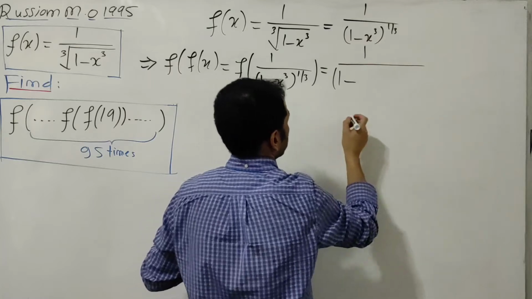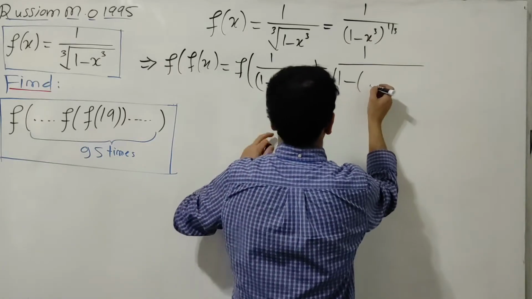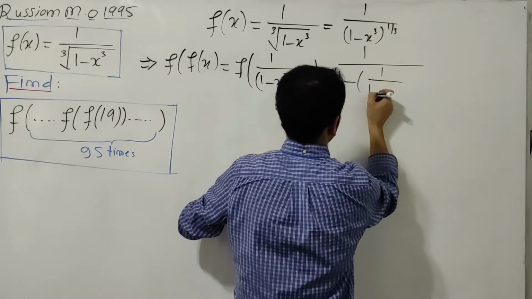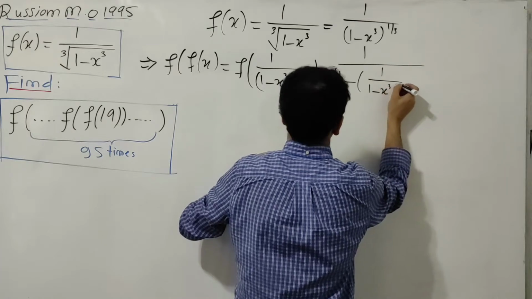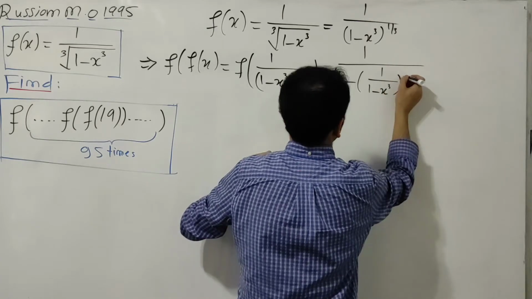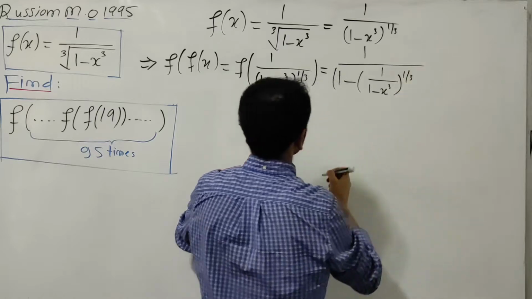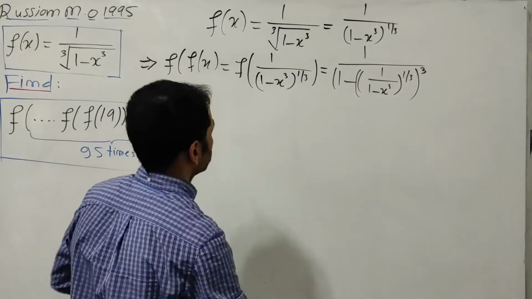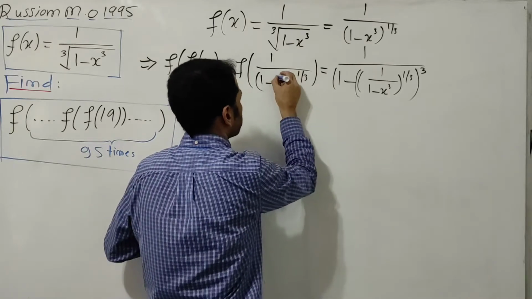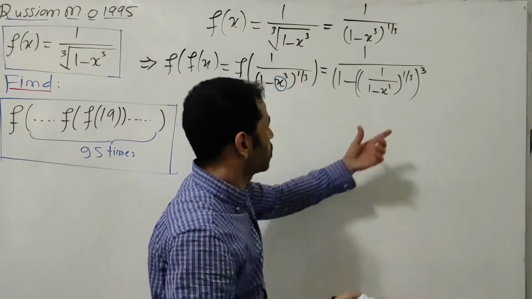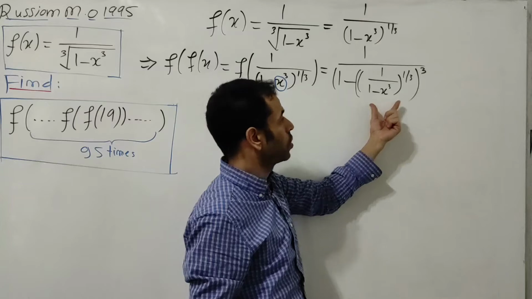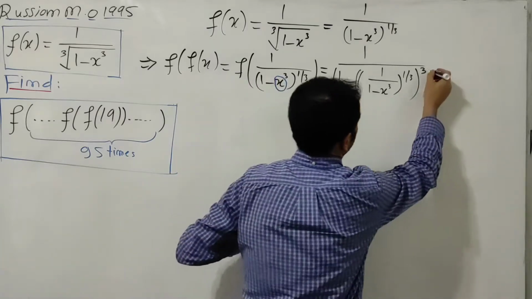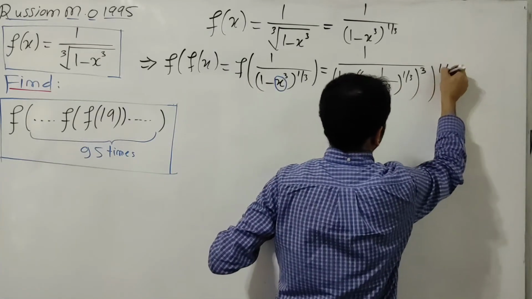So I will have 1 over 1 minus (1 over (1 minus x cubed) to the 1 over 3) then to the 3, because I'm just replacing this x with this same function, to the 3, all raised to the 1 over 3 as a power.